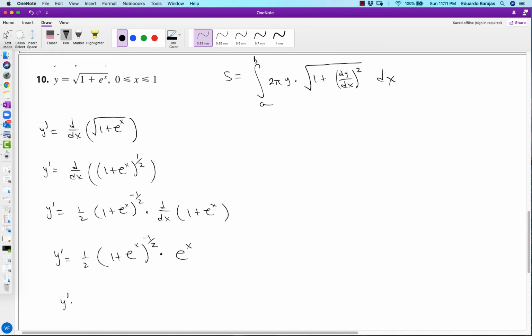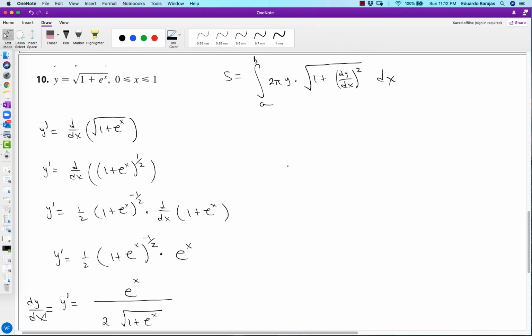So y prime is equal to a giant fraction where we have an e to the x in the numerator and a 2 times the square root of 1 plus e to the x in the denominator. Okay, so that's our dy/dx, which is equal to y prime, which is equal to this.